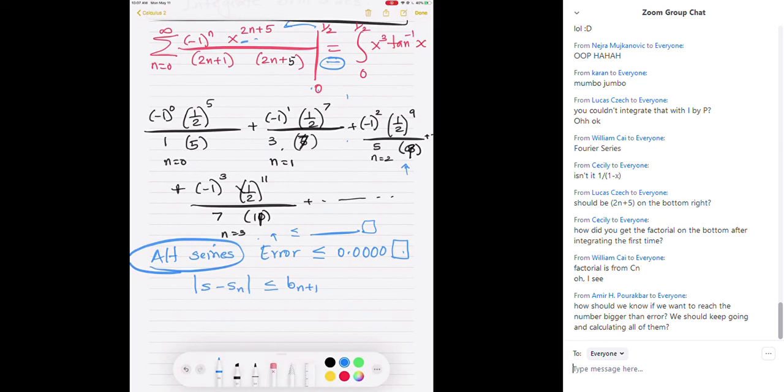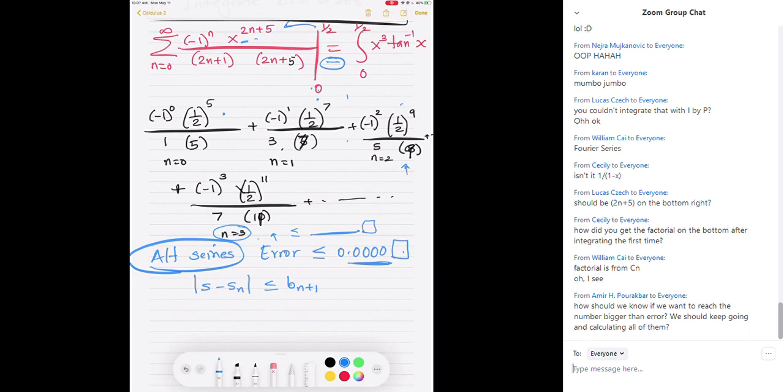So if I found that n equals 3 is less than or equal to that, 4 places after the decimal, and n equals 2 is not, then that's it. I've reached it. So I'm just going to add this, this, and this. Whatever that number is, I guarantee it's correct to 4 places after the decimal.